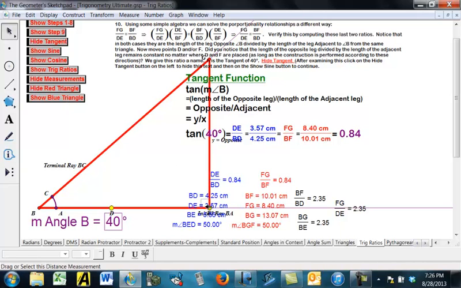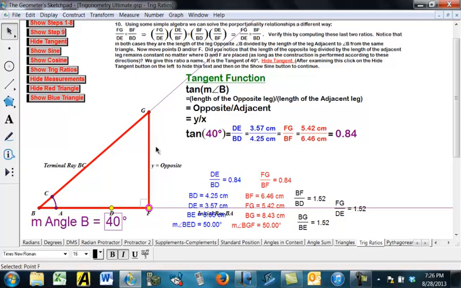Notice tangent uses the two legs. It's the length of the opposite leg, opposite your original angle, divided by the length of the adjacent leg. It does not use the hypotenuse. So oftentimes we'll orient our drawing so that we have a horizontal side to our triangle here, or one of our rays is horizontal.